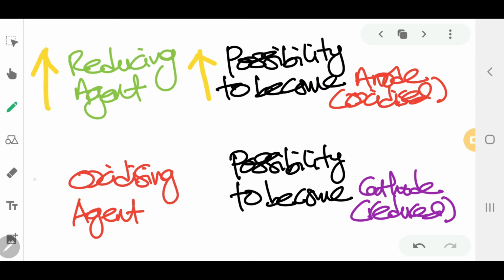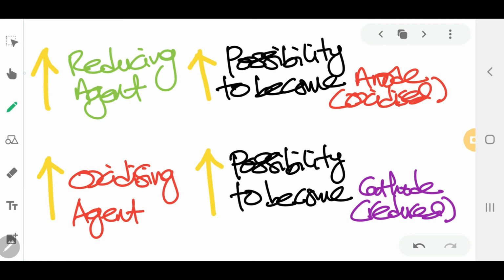Because if you are the reducing agent, you will get oxidized at the anode. And if the oxidizing agent strength is getting greater or stronger, the possibility to become the cathode will also increase.